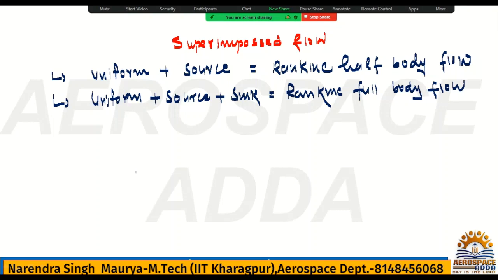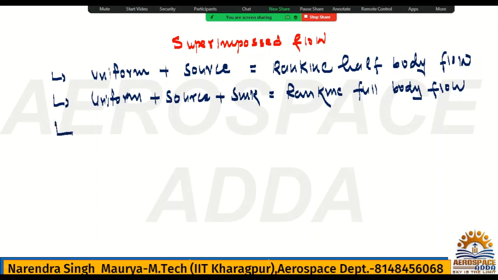Not exactly circular. Oval body means it is like an egg shape. So two types of flow I have told you: uniform flow plus source flow, then uniform flow plus source flow plus sink flow, which is called Rankine full body flow.